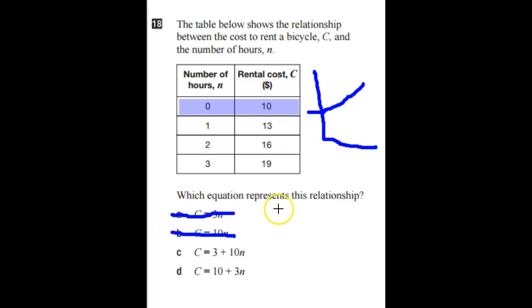And so remembering that an equation of a line is written in the form y equals mx plus b, my slope is the part of this equation that is right next to the variable x, or whatever the variable is. But the part of the equation that is all by itself and does not vary, the fixed part, is my y-intercept, and that happens to be 10. So that tells me that my cost is going to be 10 plus 3n. So that's telling me that it's $3 for every extra hour that I'm riding the bike.